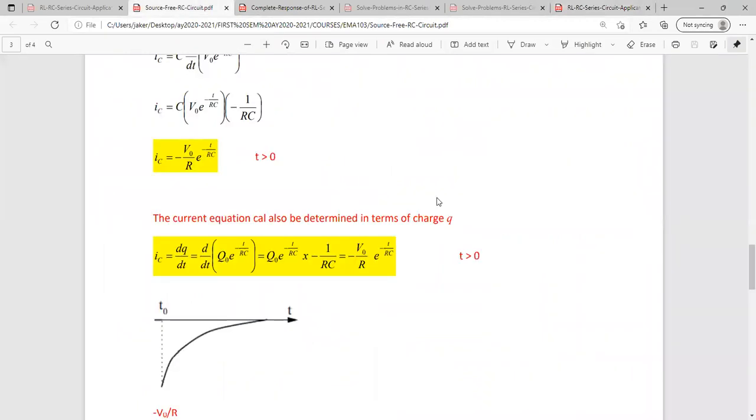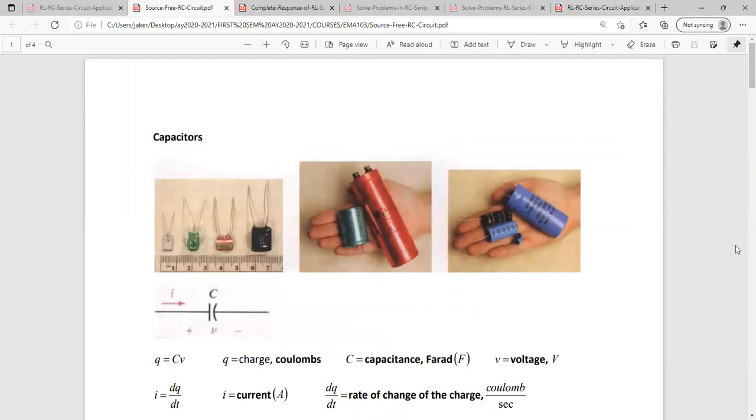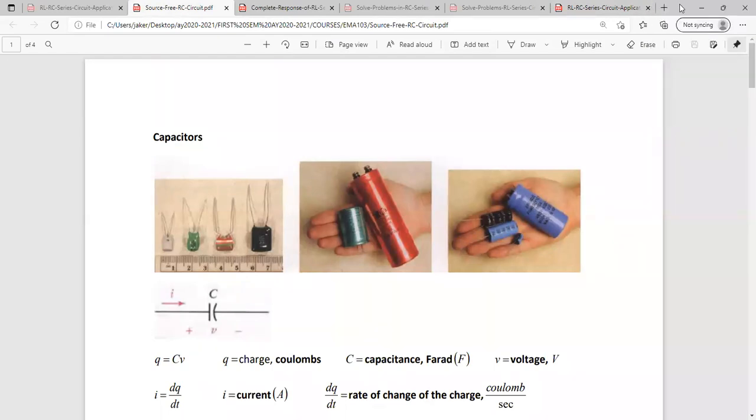I hope you can see it because it's already open here on my side. Can you see it? This was shared to you in Canvas. Okay, thank you, Jayan.